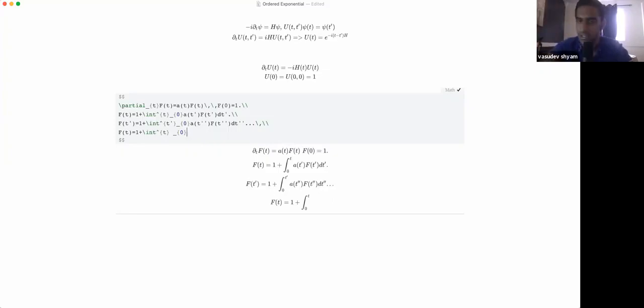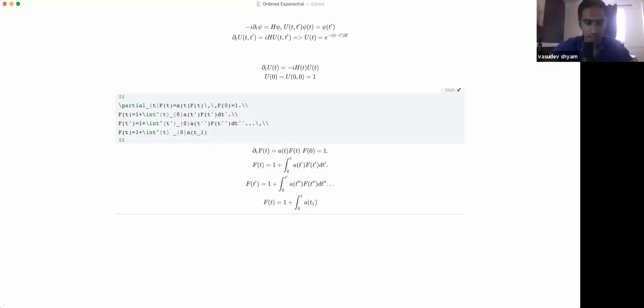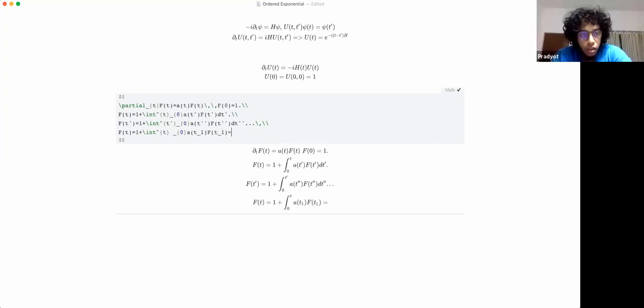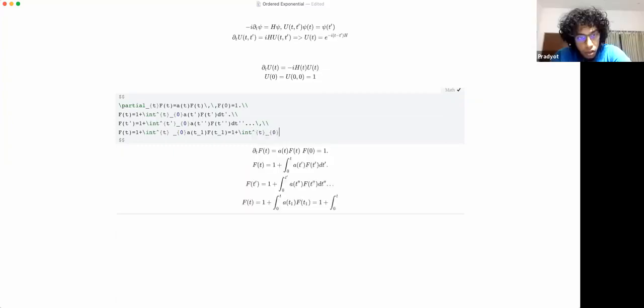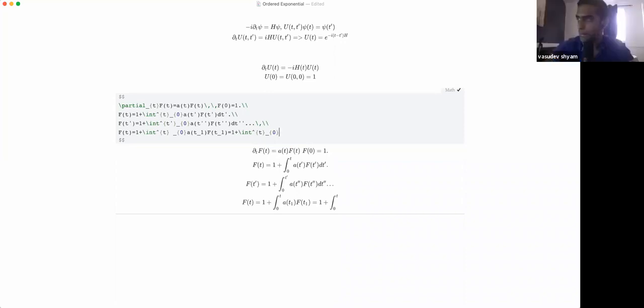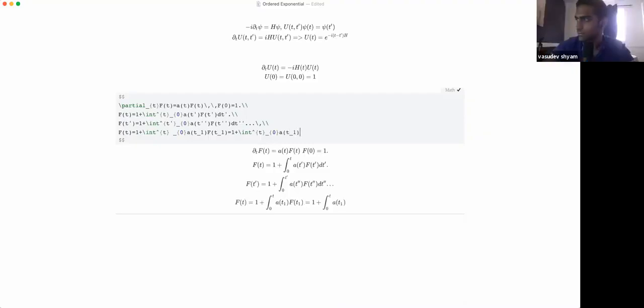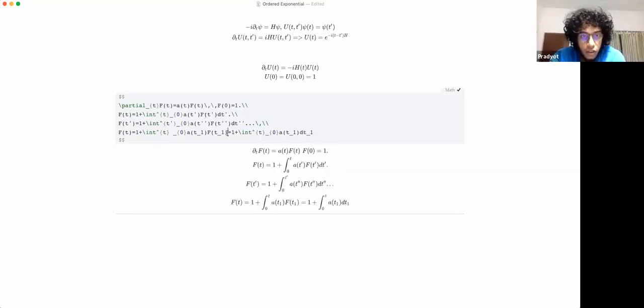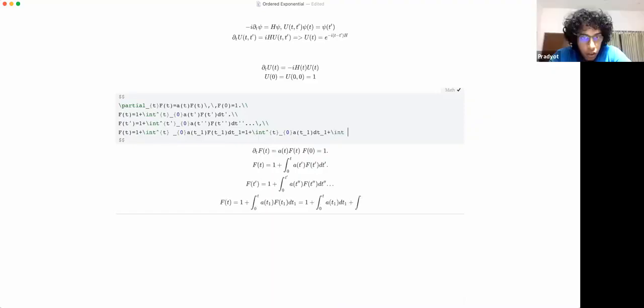Instead, I'll use t and t1 and so on. a of t1 f of t1, which equals 1 plus an integral. So you have the integral of a of t1 dt1 plus another integral from 0 to t1.